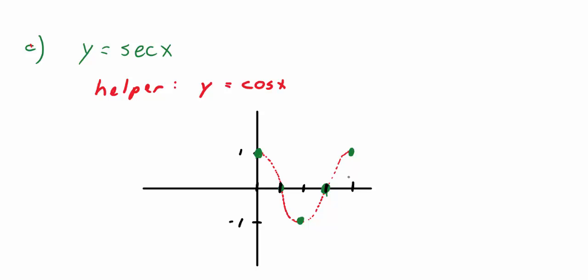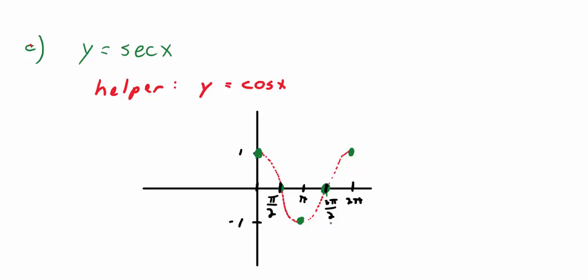We know that that's 2 pi, which makes this hash mark 2 pi, and this one pi. Just like yesterday, cut pi in half, get pi over 2. Halfway between pi over 2 and 2 pi is 3 pi over 2, which is the 3/4 mark of the period. So the secant of x has a period of 2 pi too, same as its reciprocal function.